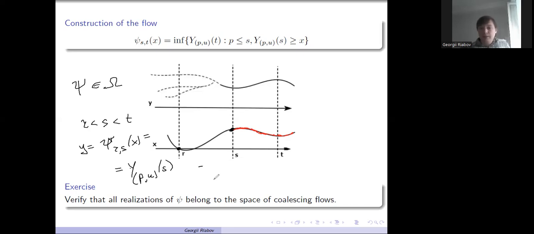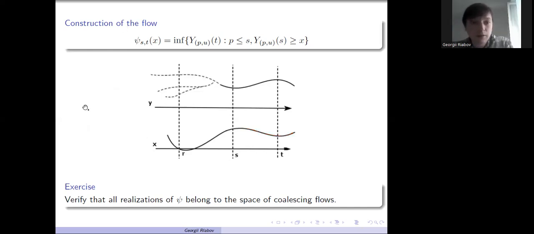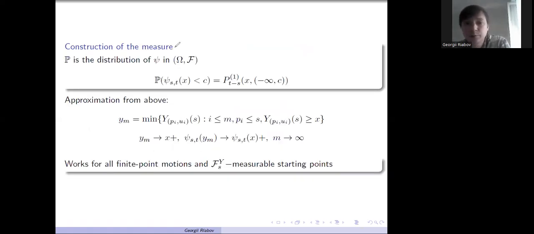But then, as we noted, if we apply psi to this value, we will necessarily get ypu of t, and this is psi rt of x. So this proves that psi is indeed a flow. Why it has the right finite point motions follows, again, from the construction of our approximation.